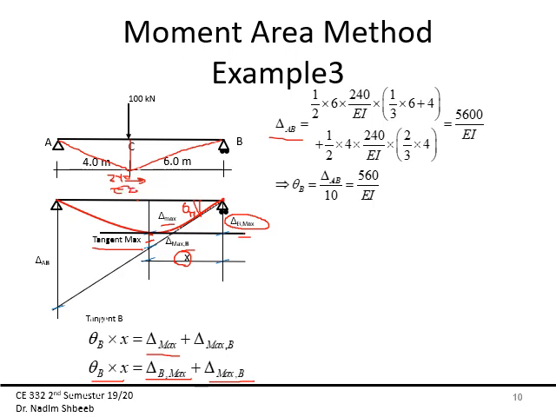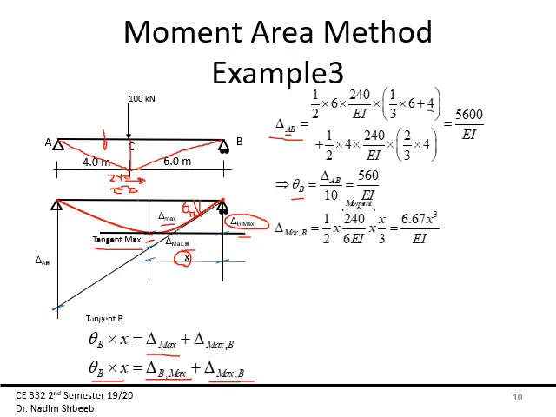So delta AB is going to be 1/2 times 6 times 240 over EI times 1/3, 6 plus 4. Again, I'm taking the moment about point A, plus the other triangle, this one, 1/2 times 4 times 240 over EI times 2/3 times 4, and the answer would be 5,600 over EI. Then theta B is going to be delta AB over 10, and it's going to be 560 over EI.